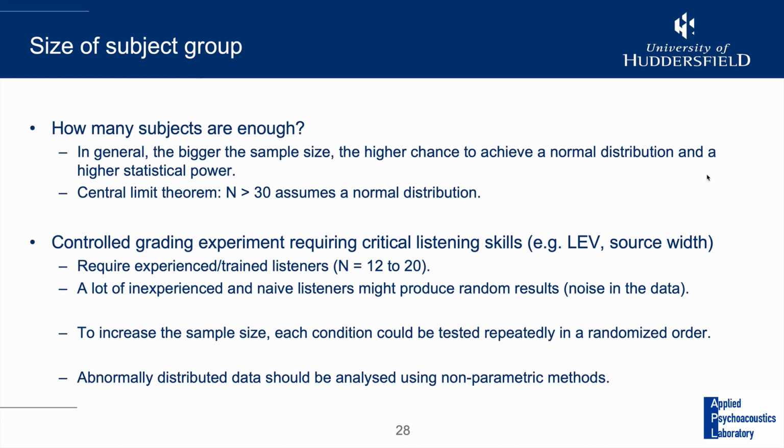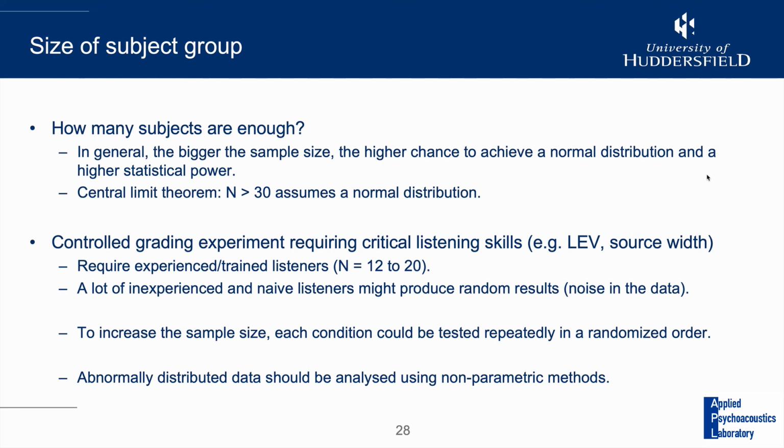In this case, a relatively lower number of subjects might be preferred to recruiting a lot of inexperienced and naive listeners, because the data can be noisy. If your subjects don't know what to listen for and they give you random responses, then the more data there is, the more noise you might have.